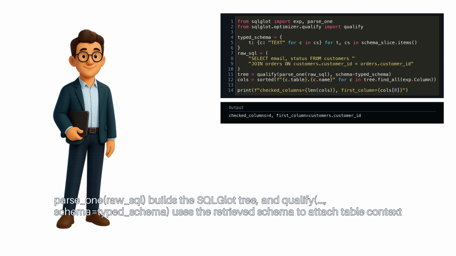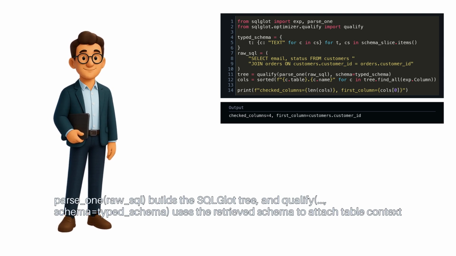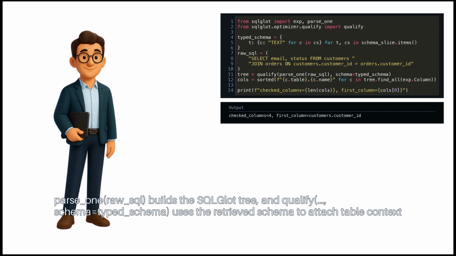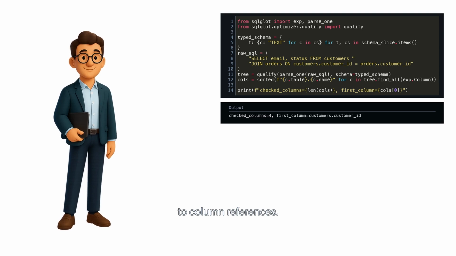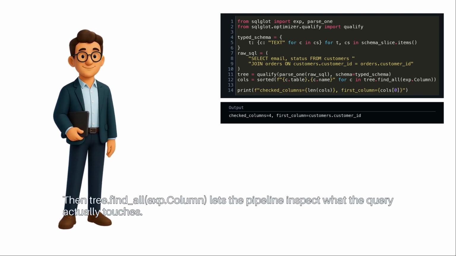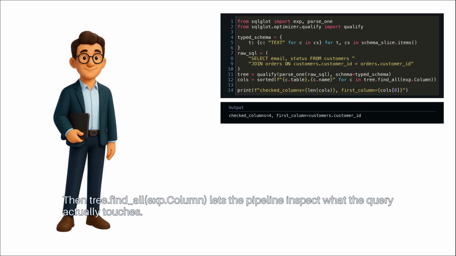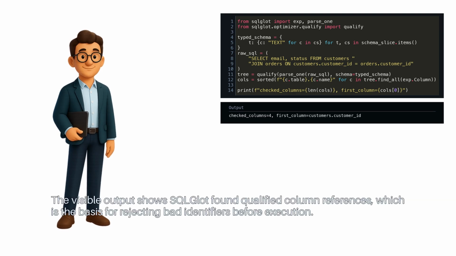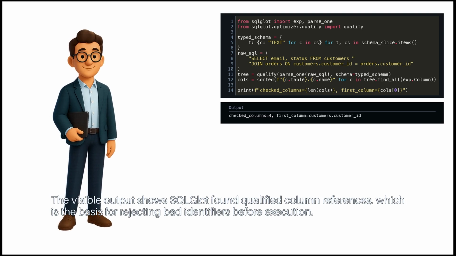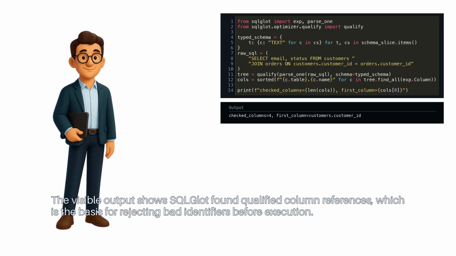Parse one raw SQL builds the SQLGlot tree, and qualify with schema and typed schema uses the retrieved schema to attach table context to column references. Then tree.find_all of exp.Column lets the pipeline inspect what the query actually touches. The visible output shows SQLGlot found qualified column references, which is the basis for rejecting bad identifiers before execution.